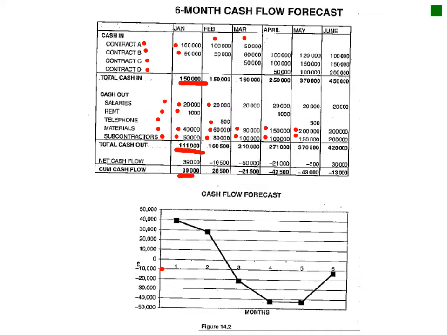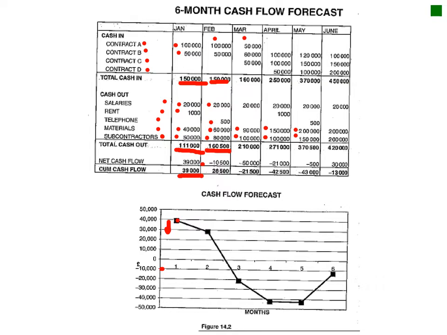So in this case, month 1, the inflow was actually more than the outflow, so we start with a 40,000 surplus, and then we've got our second month, your inflow is 150,000, and then your outflow is now 160,000. The difference is 10,000, so it goes down with that 10,000.